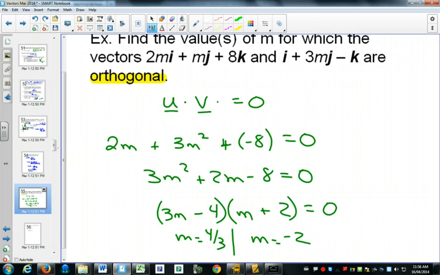The math wasn't that hard. If you think about what we just solved, that's really quite amazing. You had 2 vectors in 3 dimensions going in directions which you did not know completely, because you had a value of m here that you didn't know.